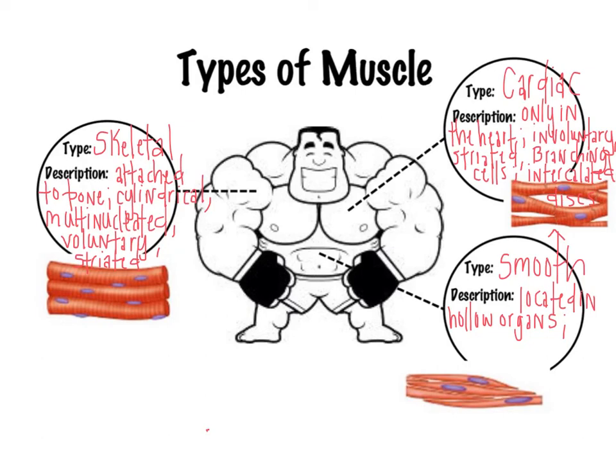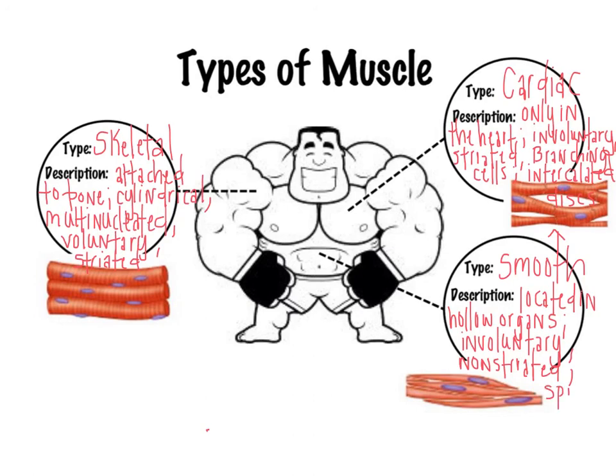Some blood vessels will have smooth muscle in there as well. It is involuntary. We don't have to think about it. If you look at the picture there, you notice it doesn't have that striped look that we see in skeletal and cardiac. So it is non-striated. It's smooth, hence the name.